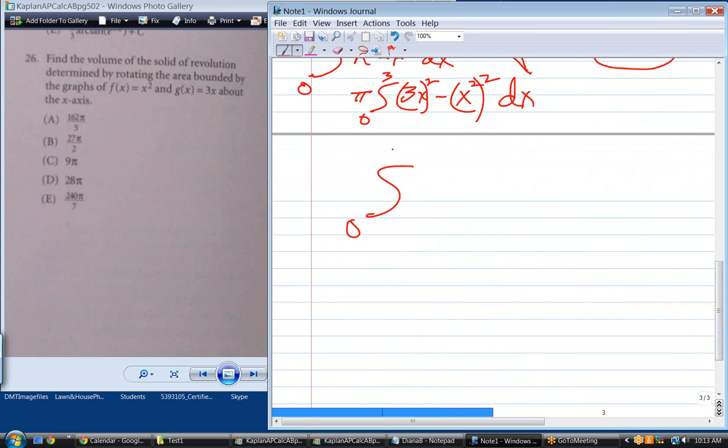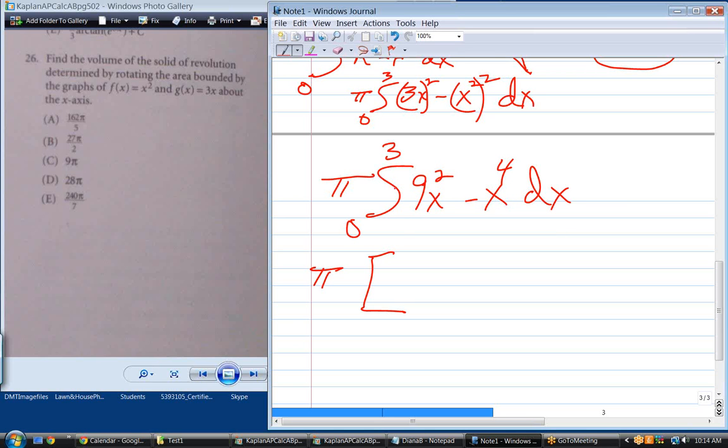The integral, let's just give you a little practice. See if you need it. Probably you don't, actually. So how do I solve that? Leave the pi out, and then with the large bracket, 0 to 3. First of all, we have to integrate each of these polynomials. In other words, you have to find the antiderivative of it.